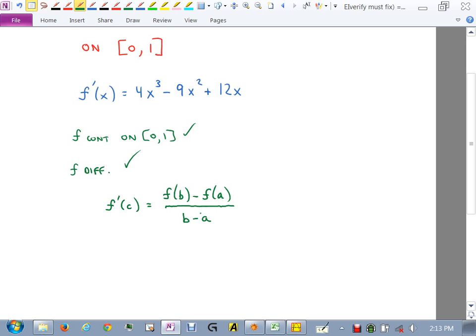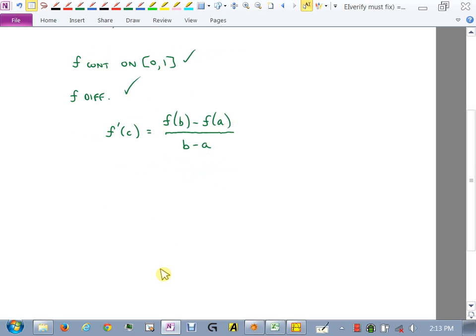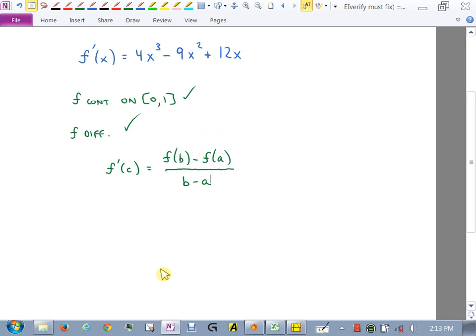So I'm going to expect that you can remember this for the test, the mean value theorem, just for the test. F prime of c is 4c cubed minus 9c squared plus 12c.